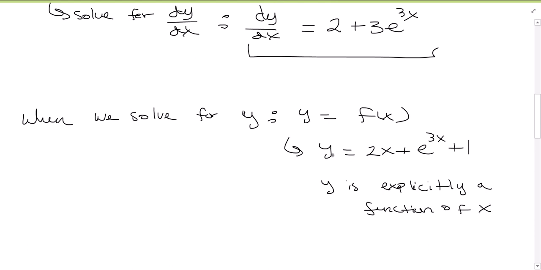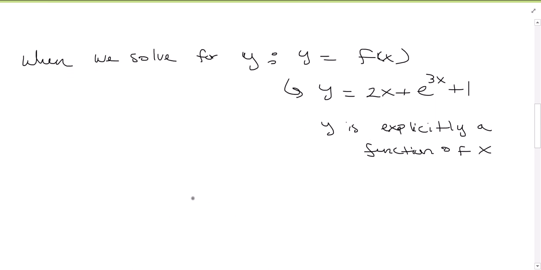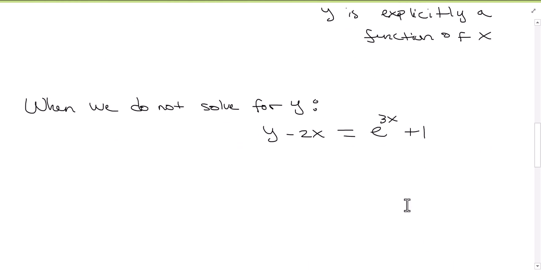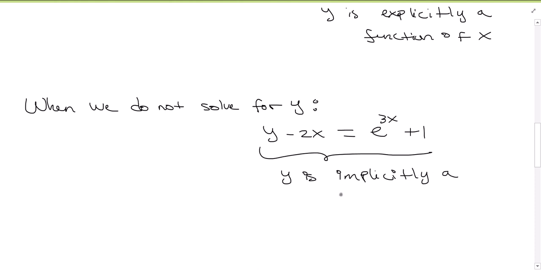So I can see that y equals something with an x in it, so I can then say y equals f of x, right? y is a function of x. When I leave it as it was, when I don't solve for y, then we just have the original function, or the original curve, y minus 2x equals e to the 3x plus 1. So here I don't solve for y, but because I say I want to find dy dx, then here we say that y is implicitly a function of x.